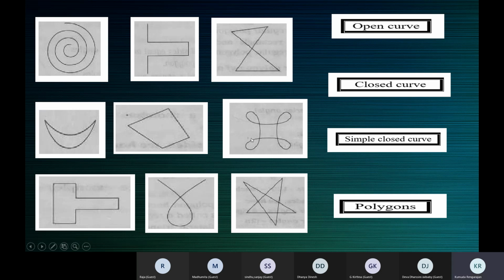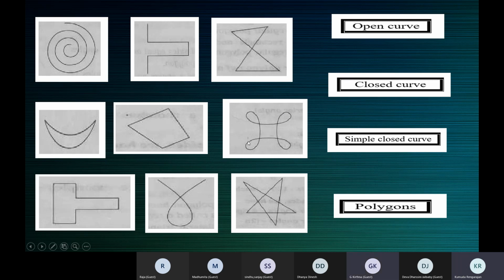See, if I don't know how to draw it without lifting the pencil, then I can't say it's not a curve. That's my ignorance. Just because I cannot draw, I cannot say it's not a curve. I don't know how to draw them. So you can maybe start here. Anywhere, children, you can start from anywhere. Supposing you start here, so you have to go like this.